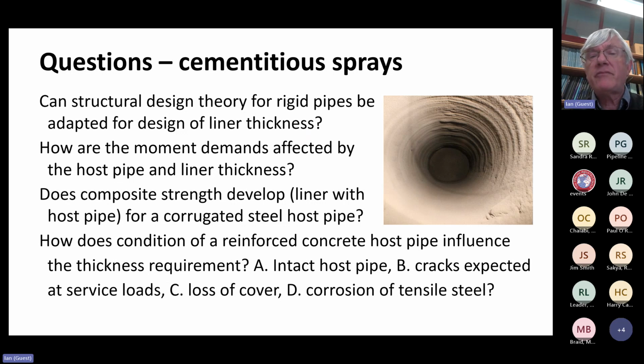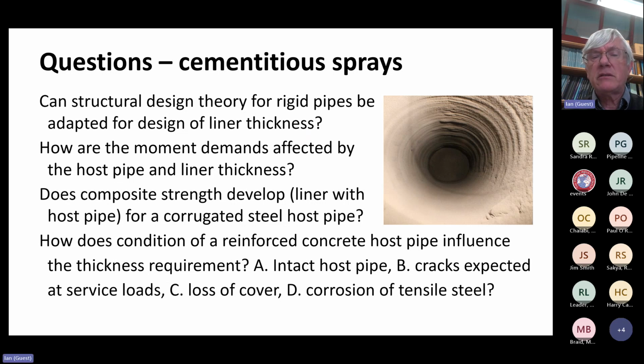Can we use rigid pipe design theory to control cracking so that we can select the liner thickness to prevent cracking? How are moment demands affected by the host pipe and liner thickness? So the soil pipe interaction is going to be influenced by the stiffness of the host pipe, but also the stiffness of the liner, which is a function of the thickness of the liner.